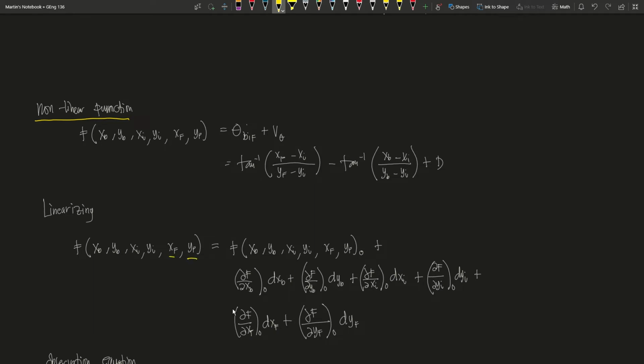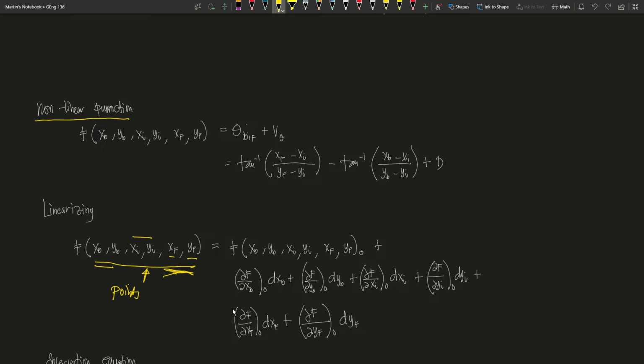These are the coordinates of the points that we are considering: the coordinates of your backsight, the coordinates of the instrument, and the coordinates of your foresight, which is equal to angle BIF, and your residual.